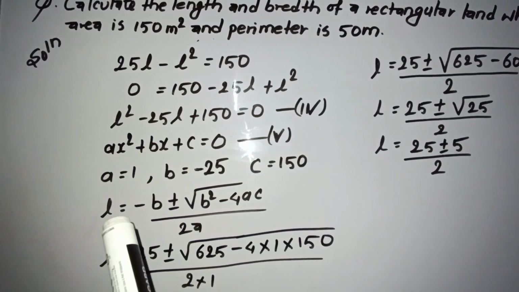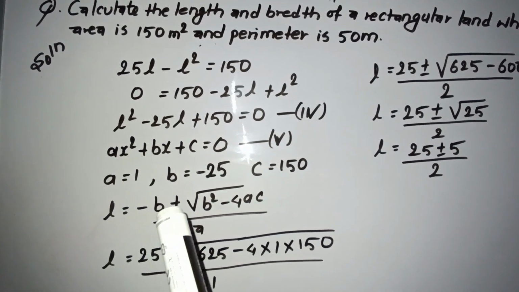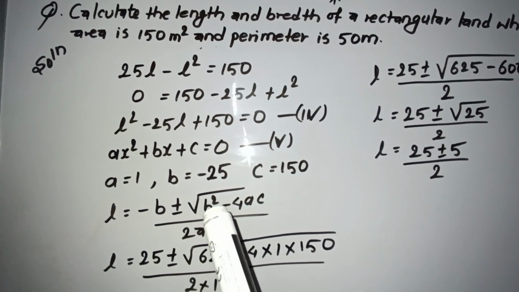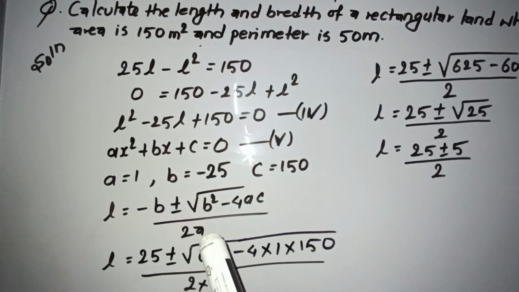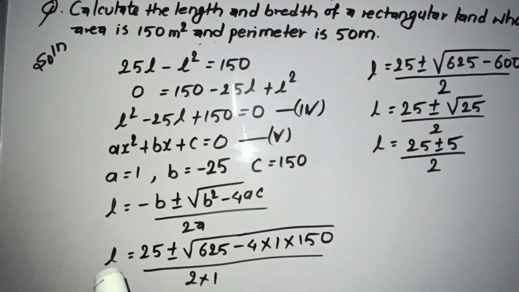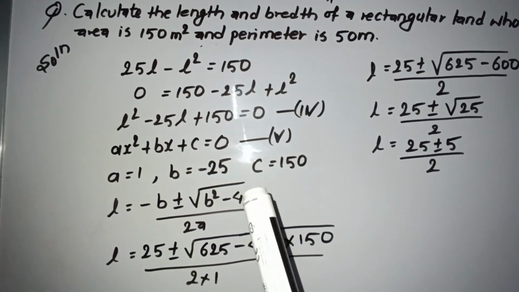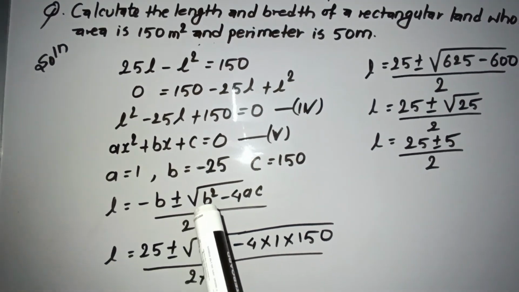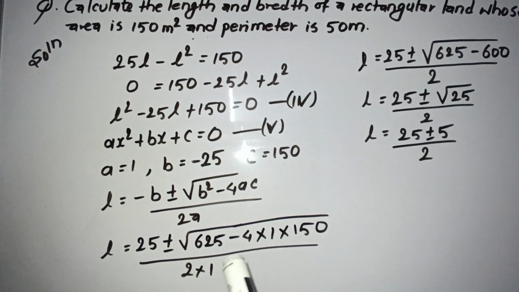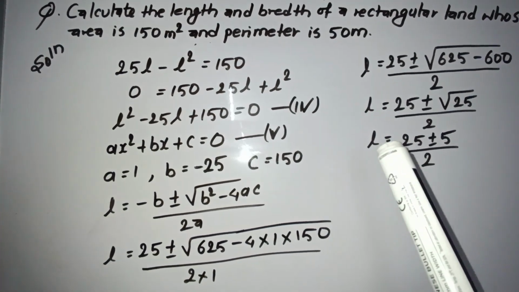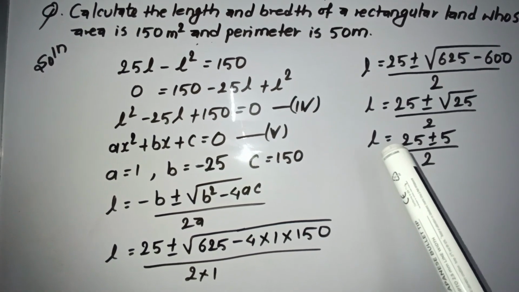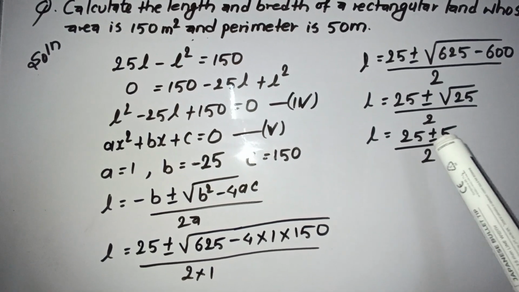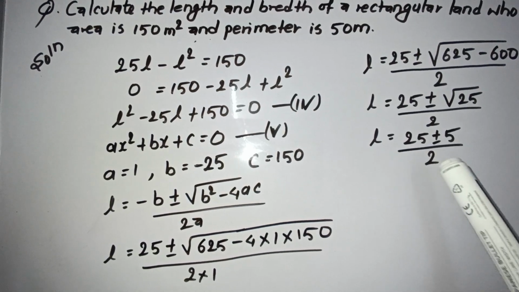Here we use the formula, that is L equals minus b plus minus under root b square minus 4ac divided by 2a. If we substitute all these values in this formula, then we get L equals 25 plus minus 5 divided by 2.